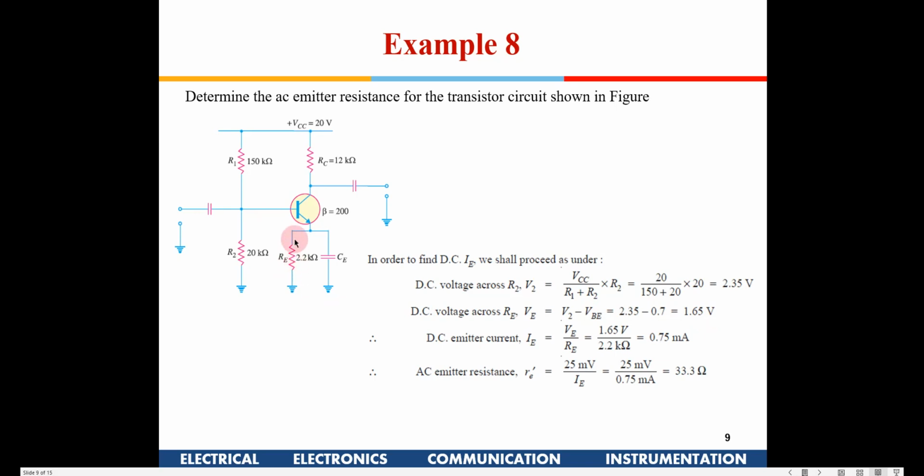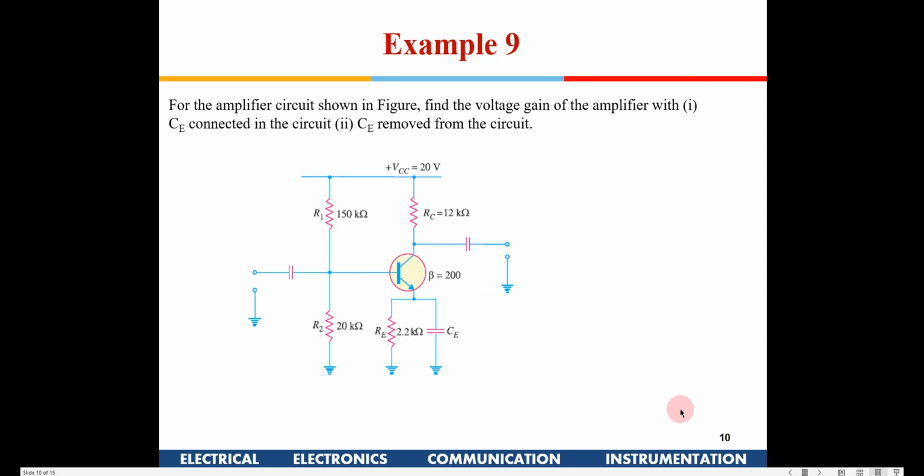Now if I divide that by RE, I get the emitter current. Once the emitter current is known, I can find out the AC emitter resistance, which is 25 millivolt divided by IE. So this is the way we compute RE, the emitter resistance.